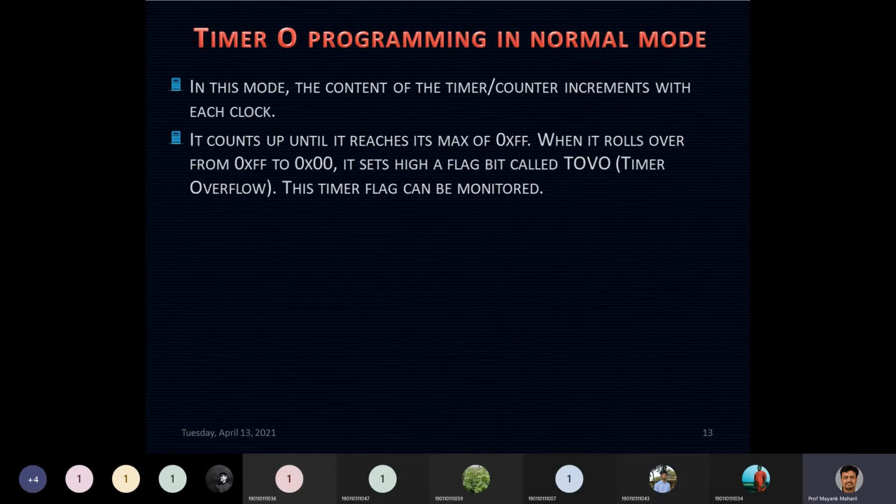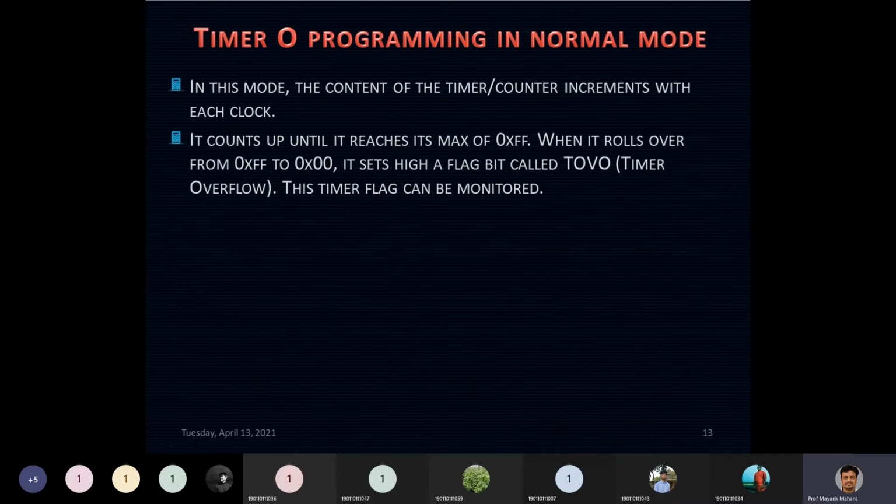Every time it increments its value. So what happens if it reaches the maximum value FF? It will roll over to 00. And when it rolls over to 00, it sets the flag bit, that is TOV, as 1.